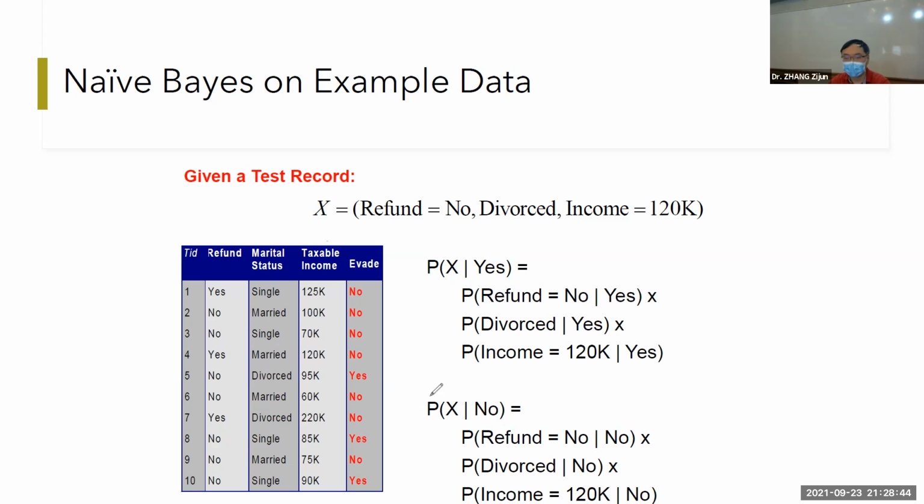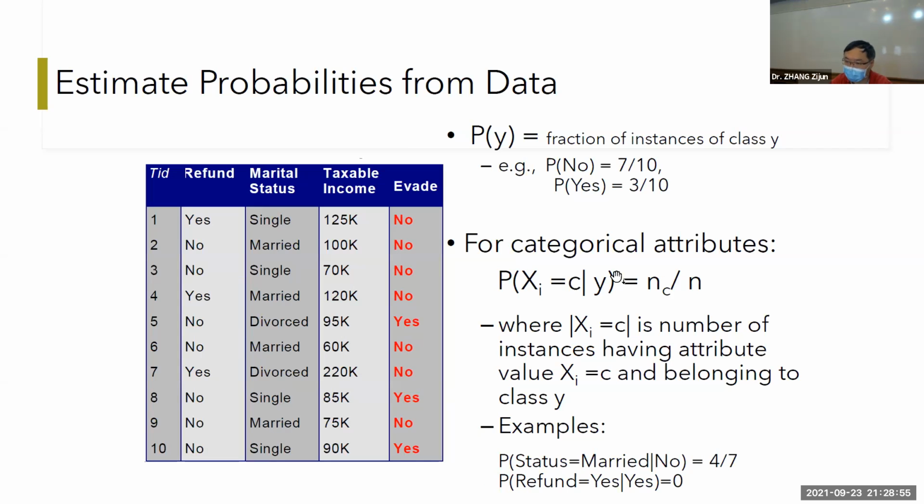For evade equal to no, it is the same thing. You do this decomposition by adopting the naive Bayes assumption.